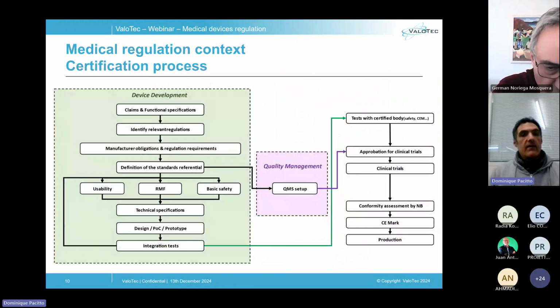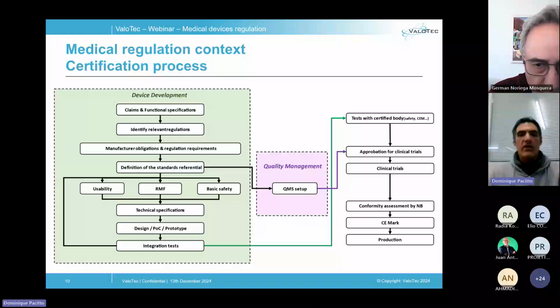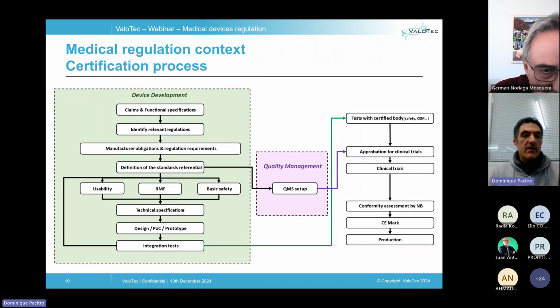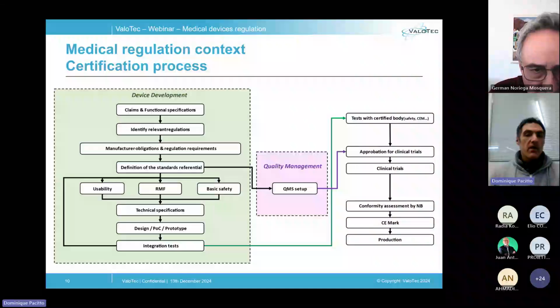At last, in this reminder, we said last time that whatever the medical device developed, the medical devices regulation suggests a workflow which, when not followed, increases the time to market and the development efforts. The first step is to define the claims and the functional specifications.